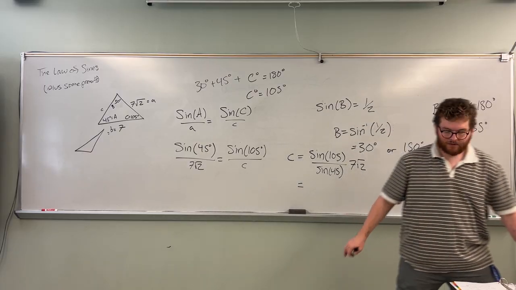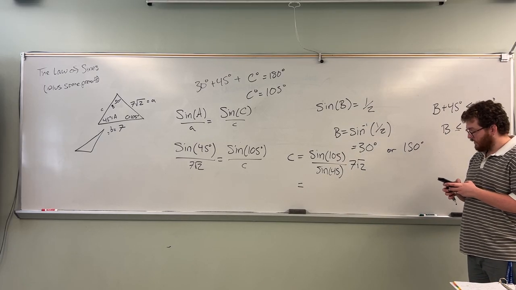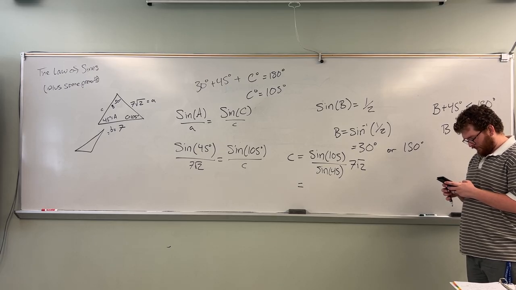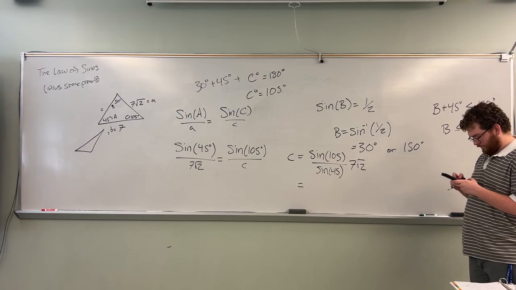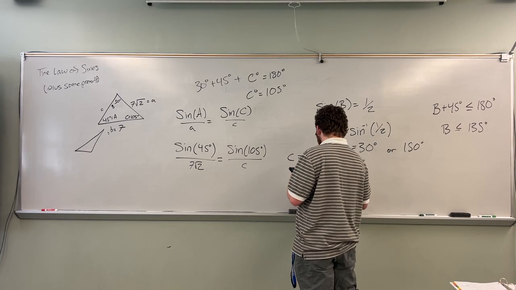And I can plug that in my calculator. Let's see, sine of 105 divided by sine of 45, and then times 7 root 2. And I get 13.52.